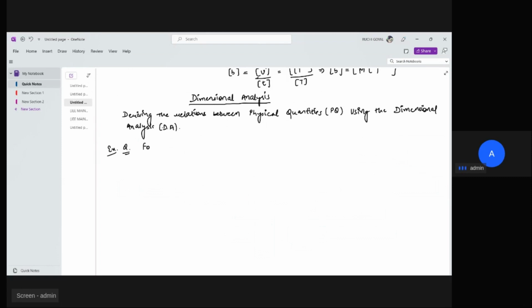For example, we can have a question. Force F on a particle depends upon, first, the mass m of the particle, and second, the acceleration of the particle.